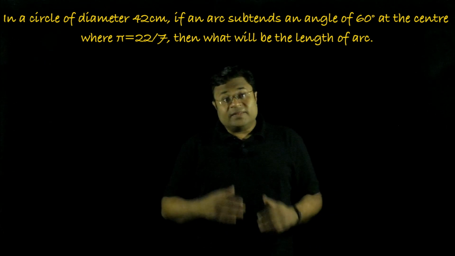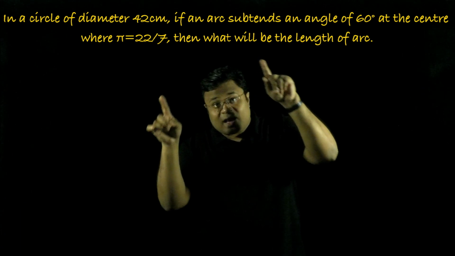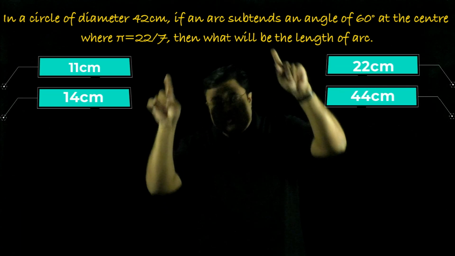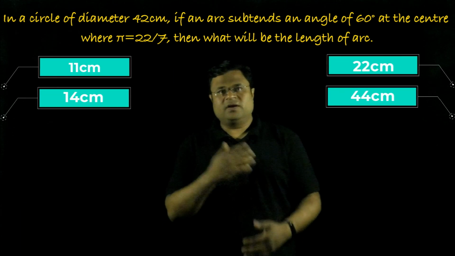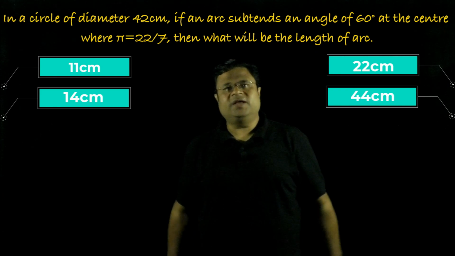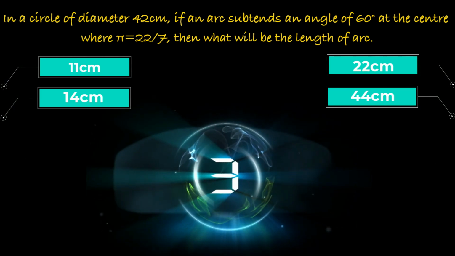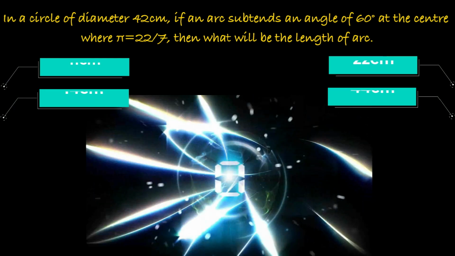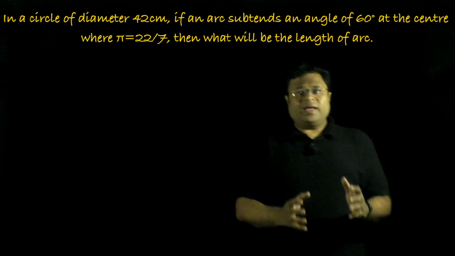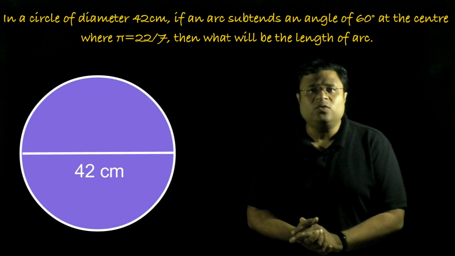So this question requires us to find the length of an arc, some part of the circumference. Come on, let's see, apply the formula and pick the correct answer. Okay, in this question we are talking about a circle of diameter 42 centimeters.